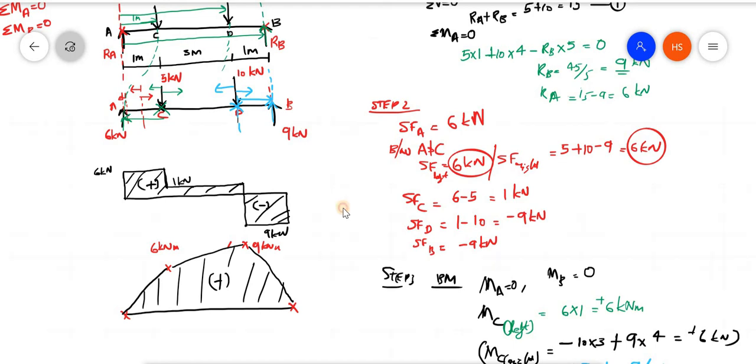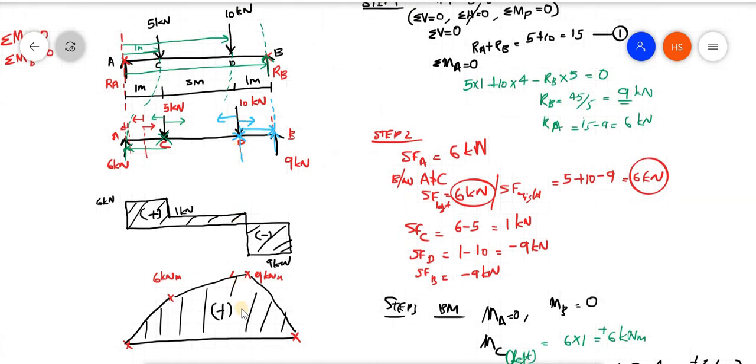Just understand that I have drawn the figures one below the other. Always try to do it on the same page itself, so that it is very easy to understand. When you are writing for the exam, you should draw it on the same page itself, and the steps you can write on the right side.